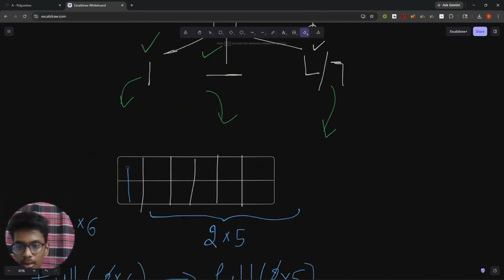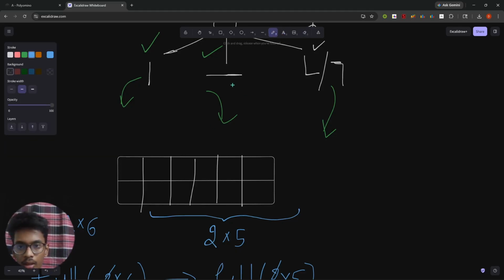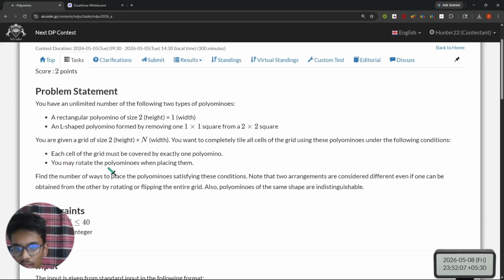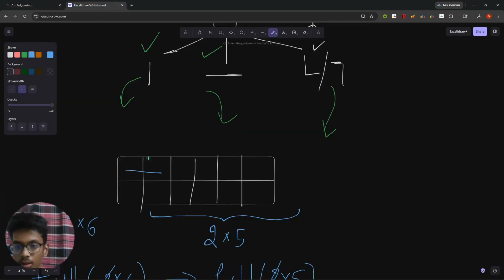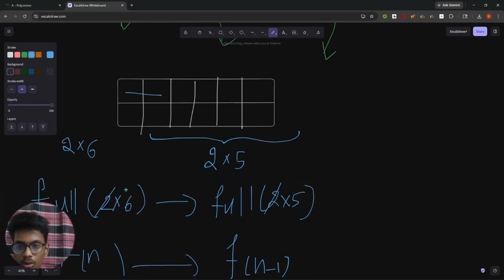And now let's talk about the second possibility. When you're placing a horizontal domino, since we are given unlimited moves, you can place any number. So if you place 2 here, because I want to fill this, why should I place only 1? I can place 2, right?